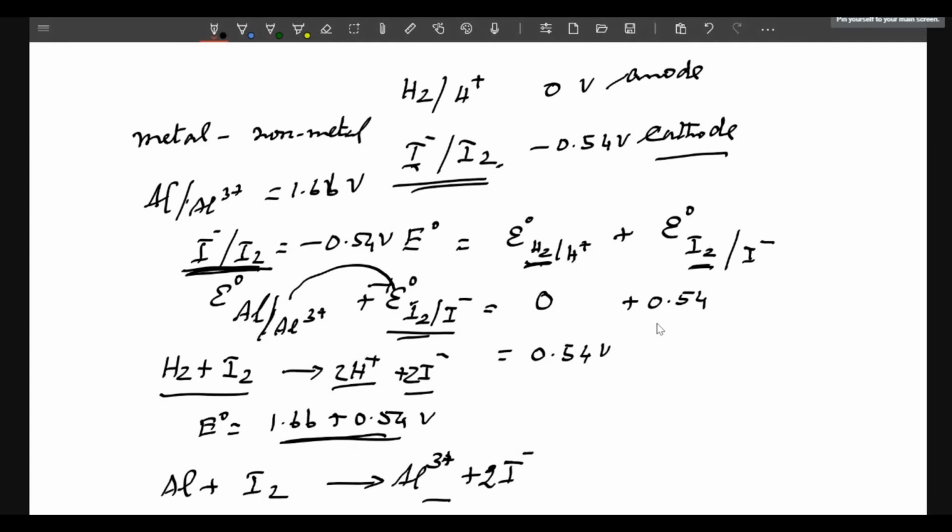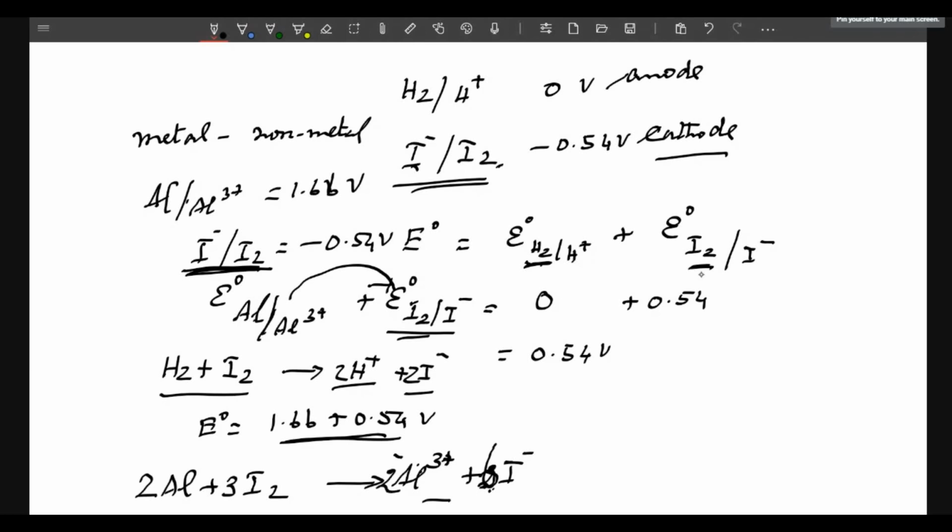The aluminium species should be multiplied by 2, and the iodine species should be multiplied by 3, giving 6 iodine. So it will be converted to 2 aluminium and 6 iodide.